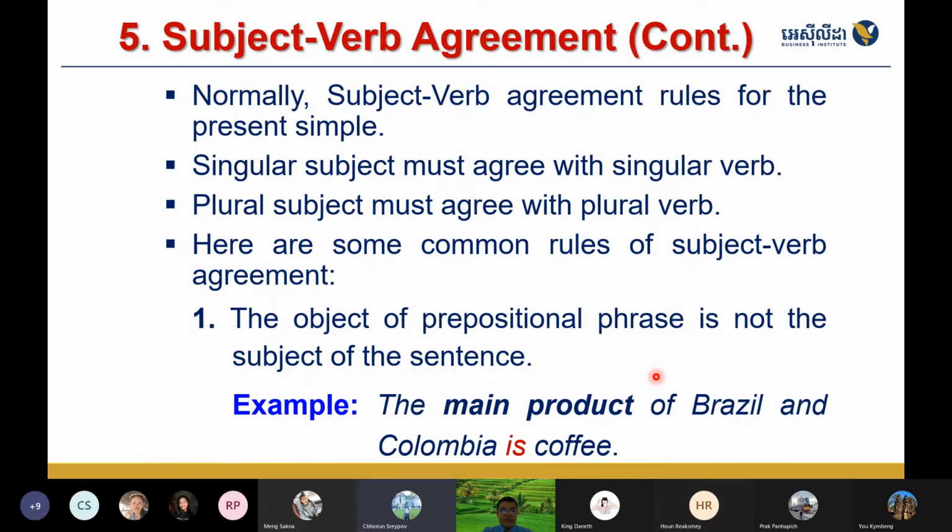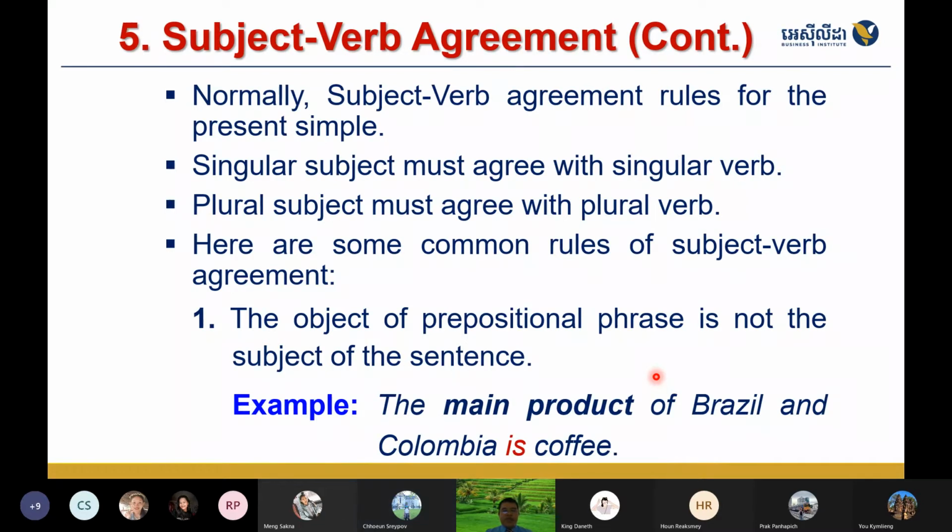Subject verb agreement. Normally, subject verb agreement rules for the present simple: a singular subject must agree with a singular verb, and a plural subject must agree with a plural verb. Here are some common rules of subject verb agreement. 1. The object of a prepositional phrase is not the subject of the sentence. Example: The main product of Brazil and Colombia is coffee. Okay, very good.